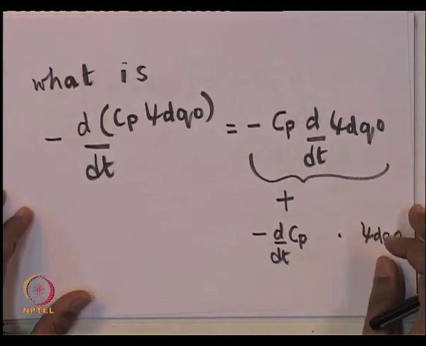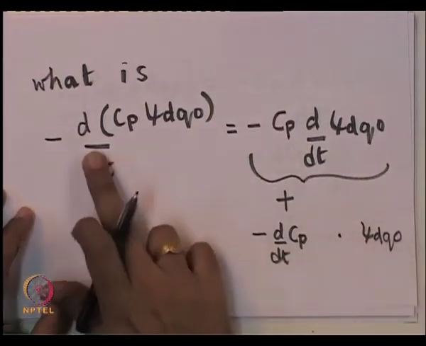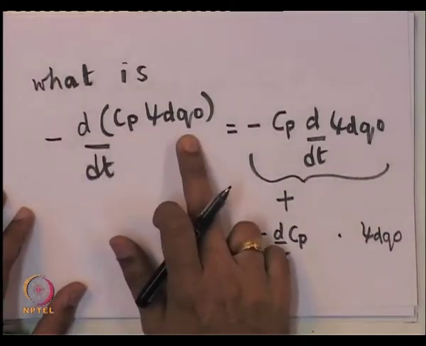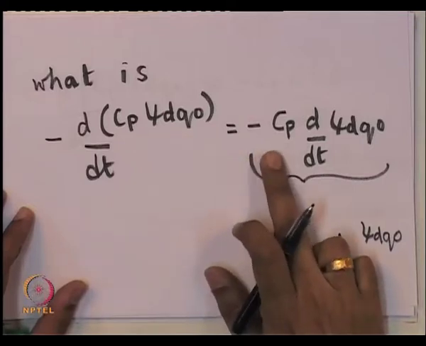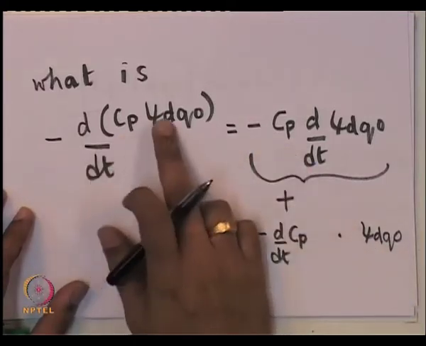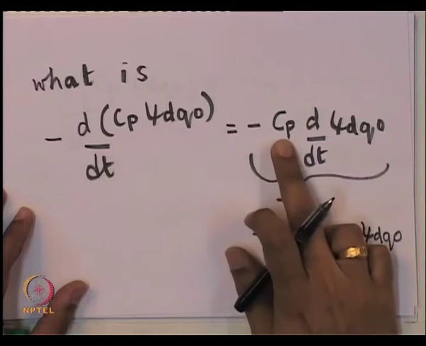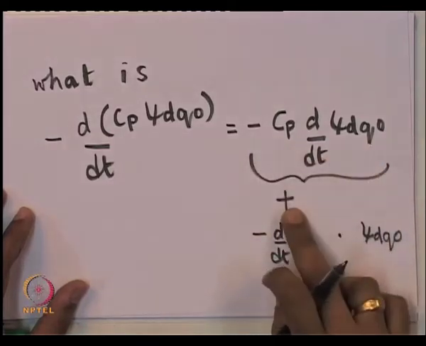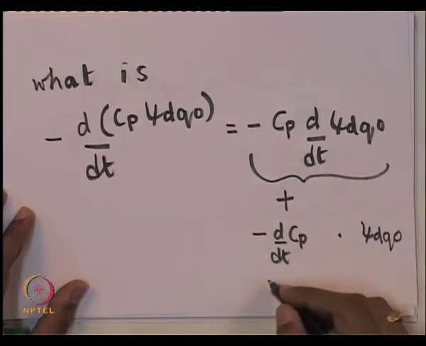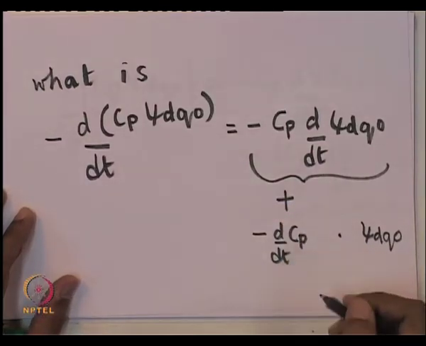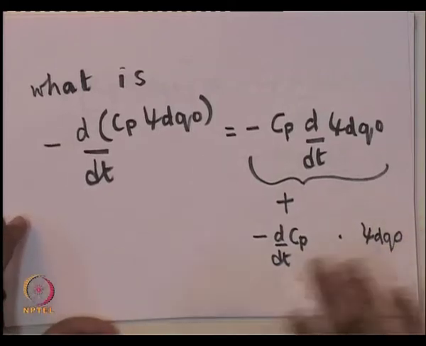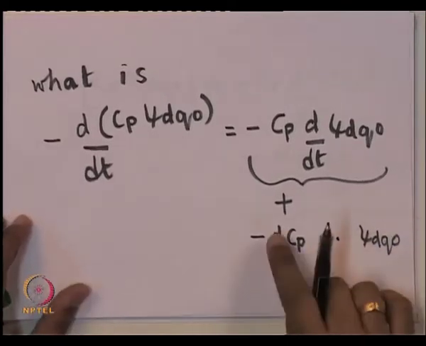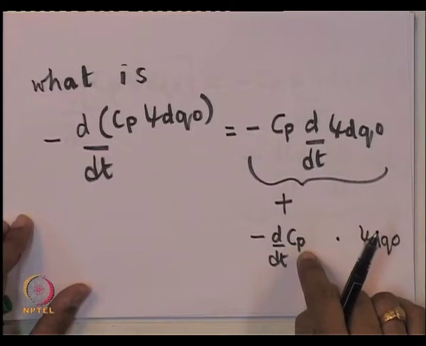If you recall our discussion in the previous class, I had asked what is d by dt of C p psi dq0. In fact, it is minus of C p, applying the chain rule, plus this extra term. Remember that C p, unlike some of the transformations we did in the first few lectures of this course, is in fact a function of theta.